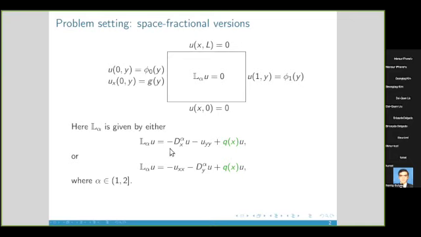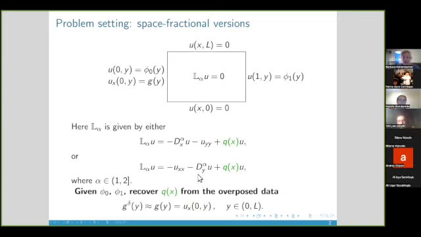And instead of minus uxx minus uyy from the previous slide, we have a fractional derivative in x direction, and a fractional derivative in y direction, where alpha might be somewhere between 1 and 2. The classical case from the previous slide would just be alpha equal to 2. Still, the inverse problem is, given all these boundary functions plus the boundary flux, or maybe a noisy version of the boundary flux, to recover q of x.